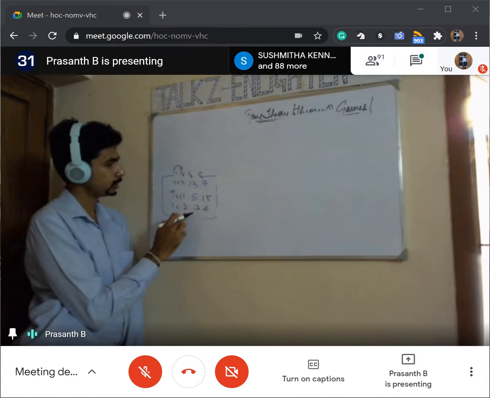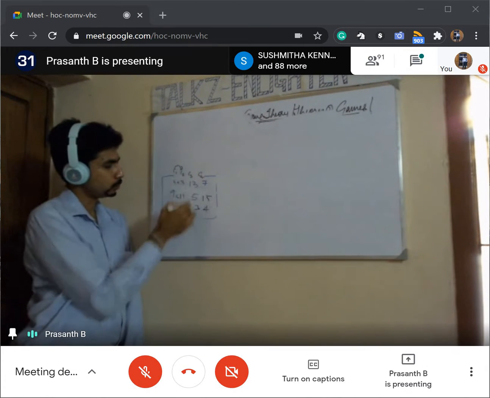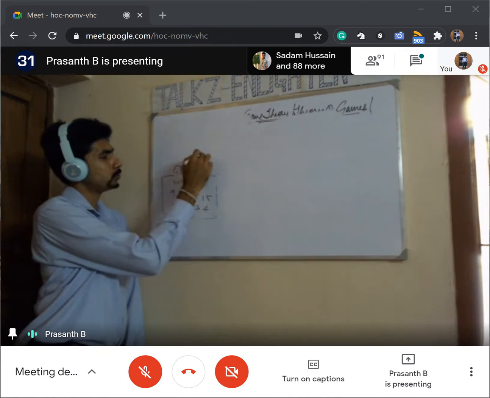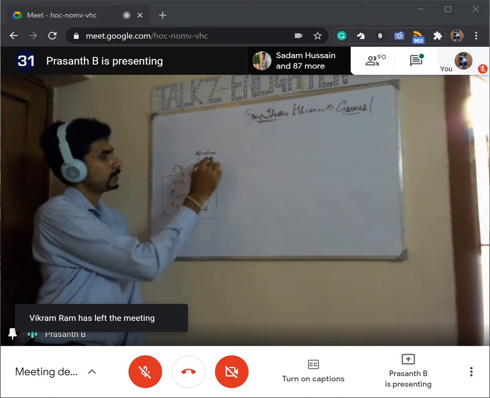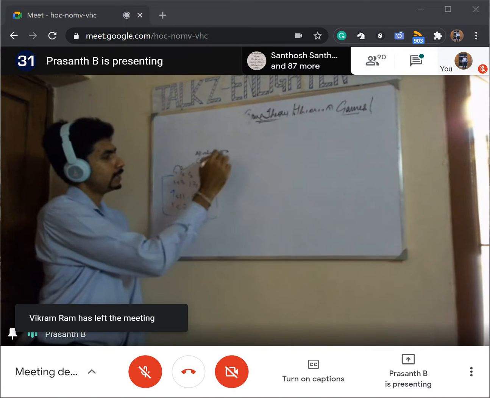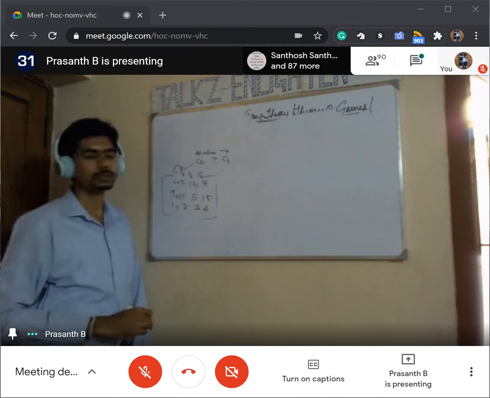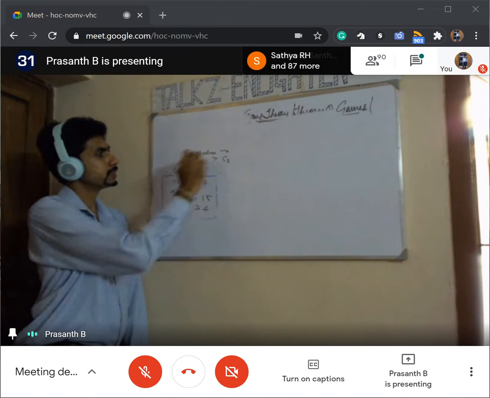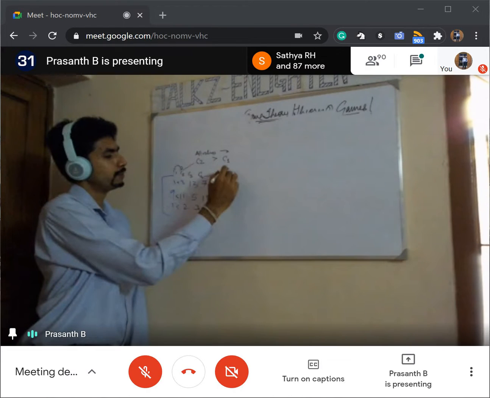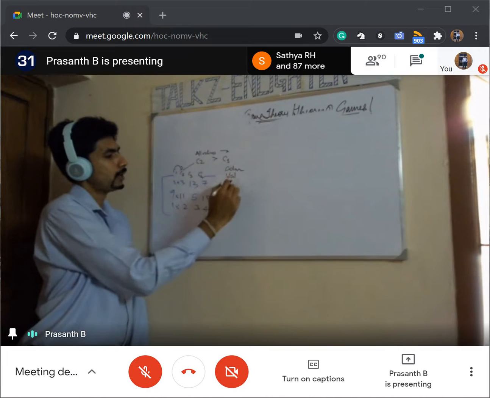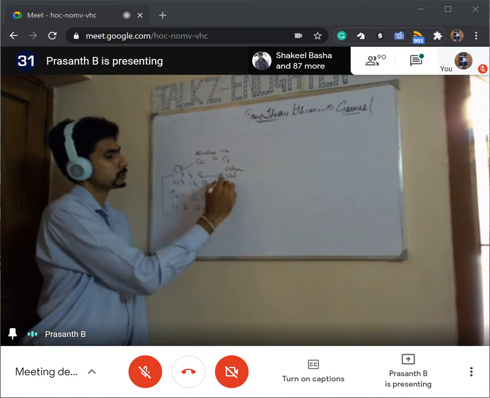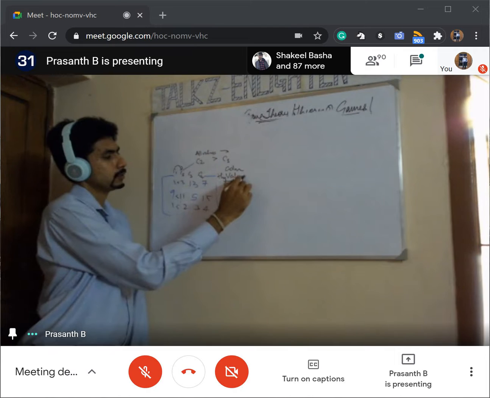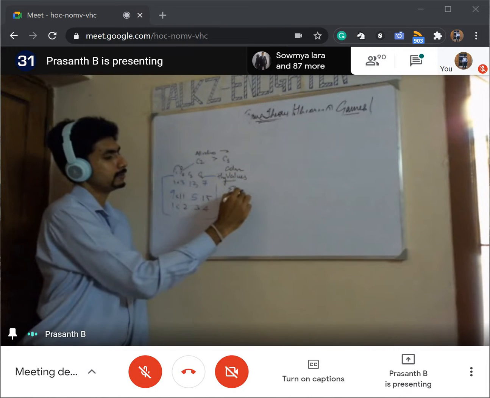All the three values in the C2 column are greater than all the values of C1. So whichever column has higher values, that one will get eliminated.